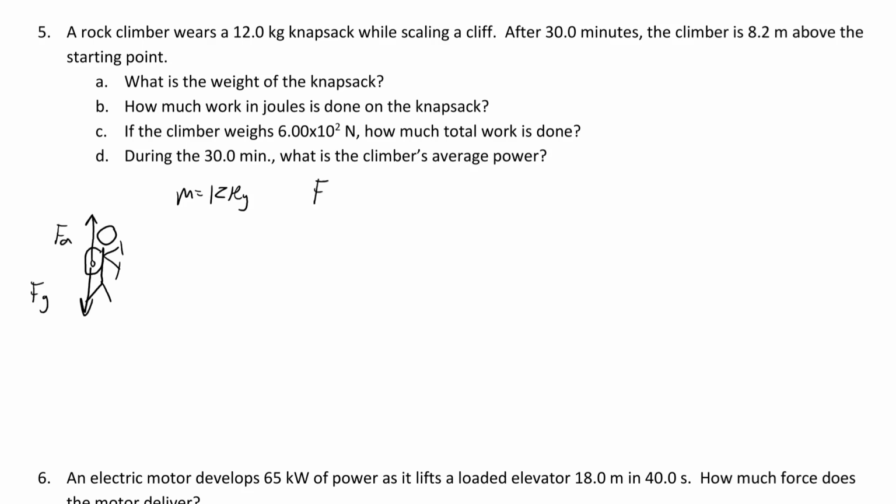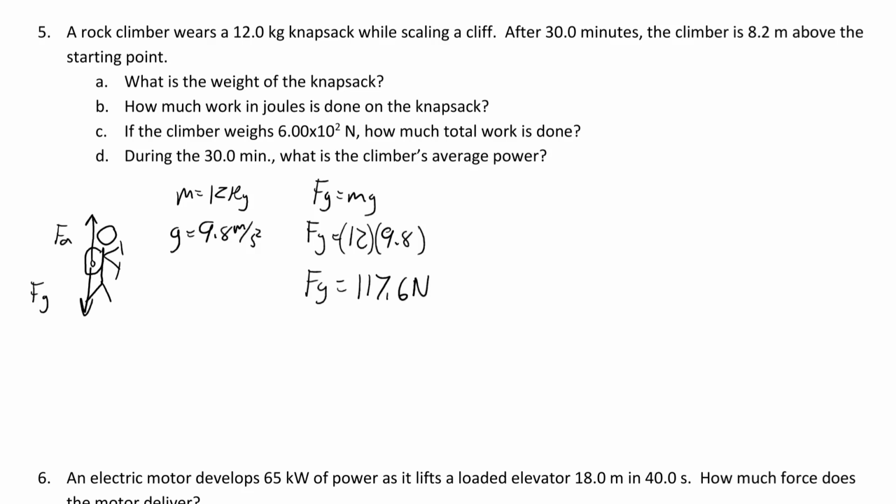FG is equal to mg, so FG is equal to 12 times 9.8, and we want to get full points. So FG is equal to 117.6 newtons. So that means the applied force must also be 117.6 newtons. But this is just for A.